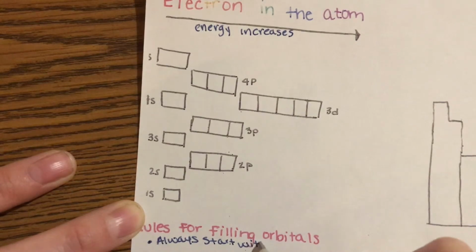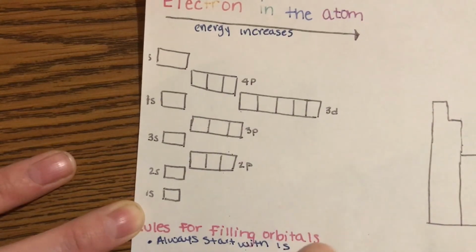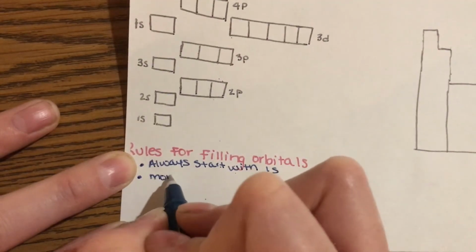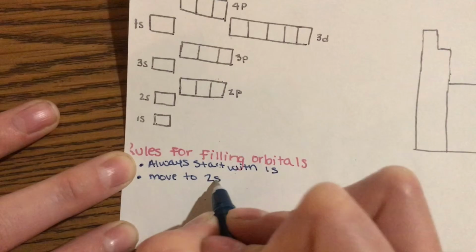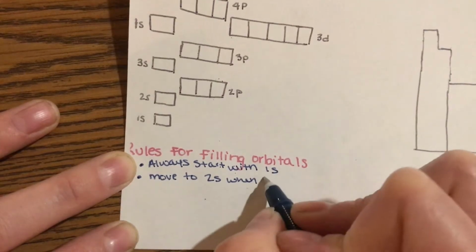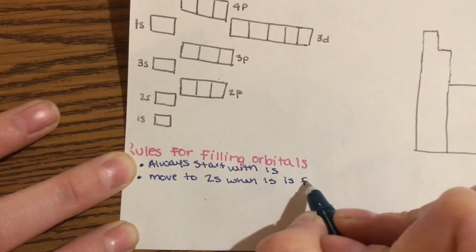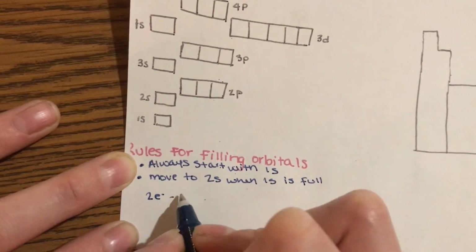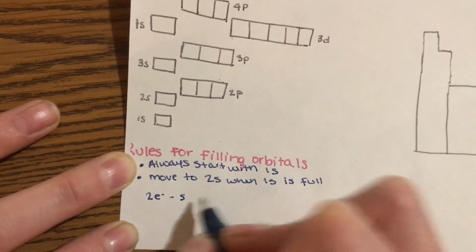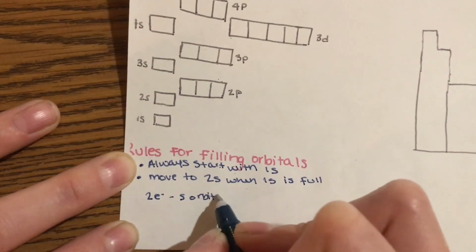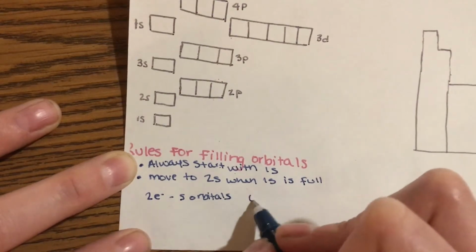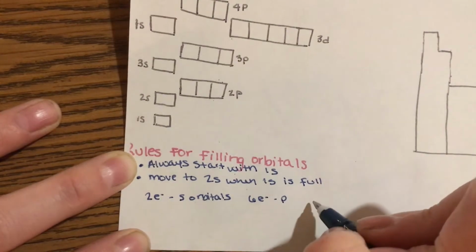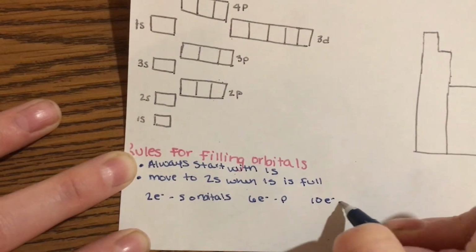with 1s, and then you move to 2s when 1s is full. 2 electrons can fit in the s orbitals. 6 electrons can fit in the p orbitals, and then 10 electrons can fit in the d orbitals.